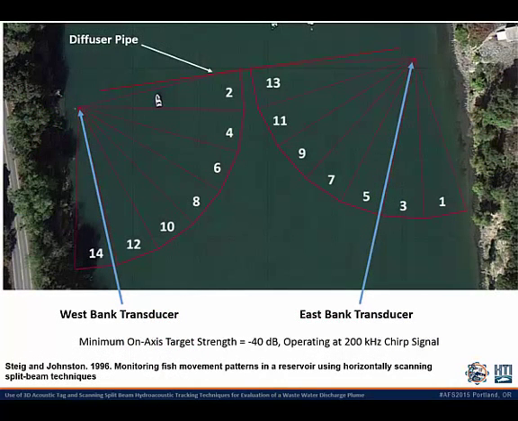And we scanned these transducers horizontally in 14 different scans, as shown here on the screen, 7 on each of the transducers. And the minimum on-axis target strength was minus 40 dB, and these operated at 200 kilohertz, and we utilized a chirp signal. This technique is more fully described in Steig and Johnston 1996 publication.